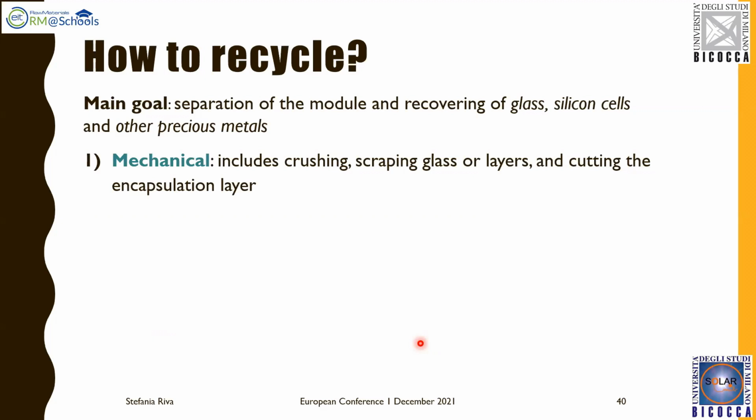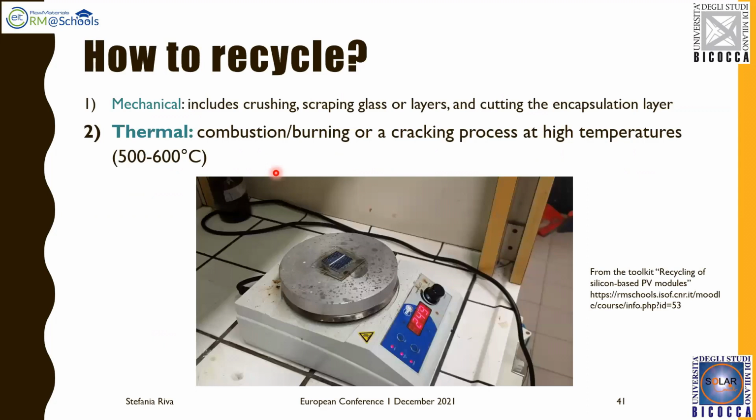There are 3 different approaches. The first one is mechanical, and this means taking the panels, separating the different layers, and crushing, for example, the glass and also the silicon. The second approach is the thermal approach, where high temperature is used to divide the layers.